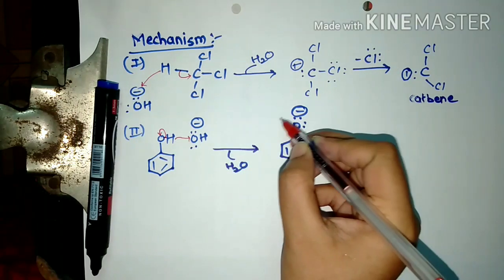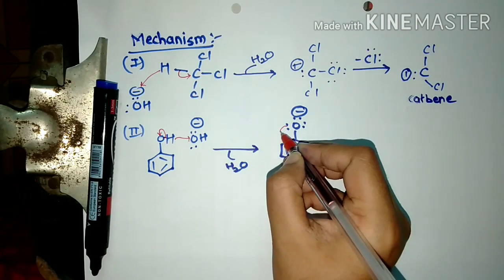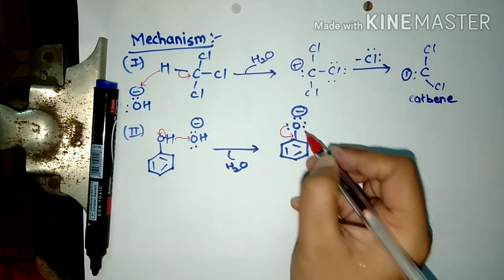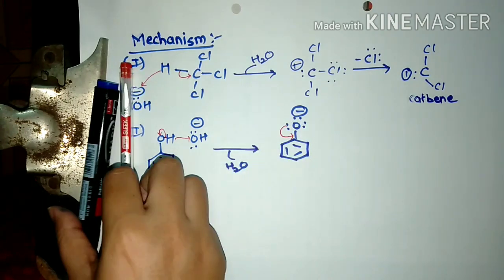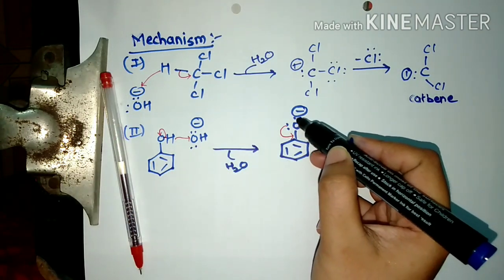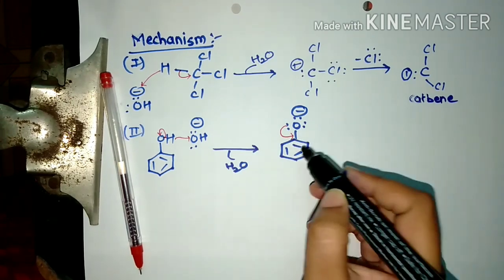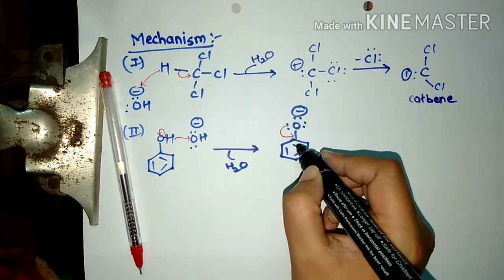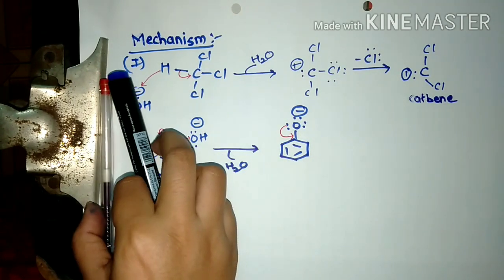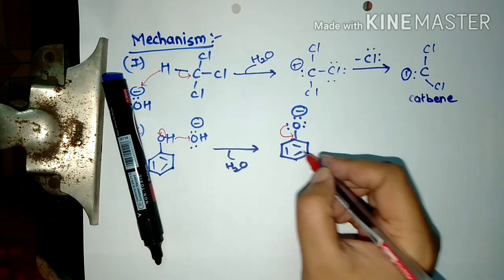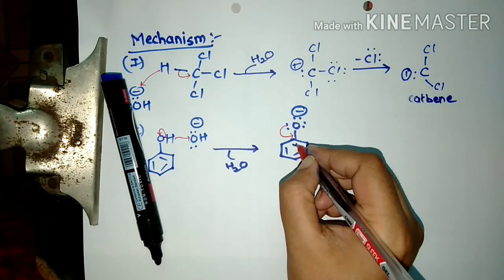Due to this formation of phenoxy ion, this double bond is shifted over here to stabilize this oxygen atom. Now while shifting this double bond over here, this carbon becomes carbon plus. So what will happen? This bond which is there is removed.